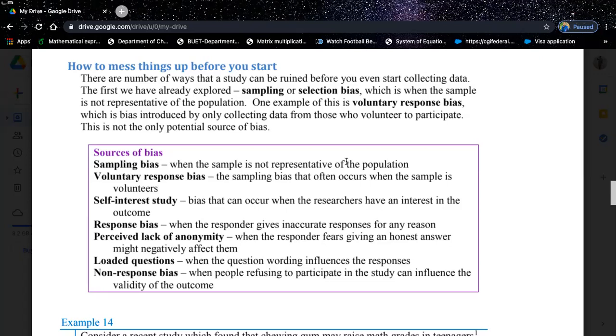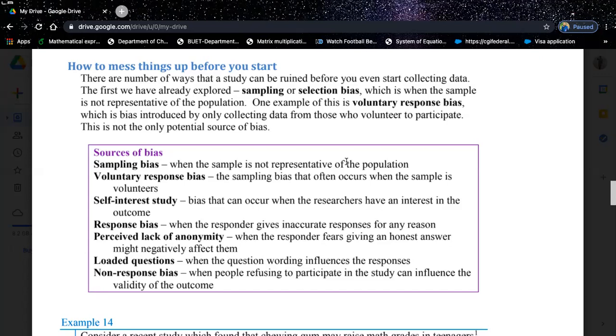Since we are trying to collect data or following different sampling methods, we could encounter different ways which could ruin our entire survey or whatever we're doing with the data.